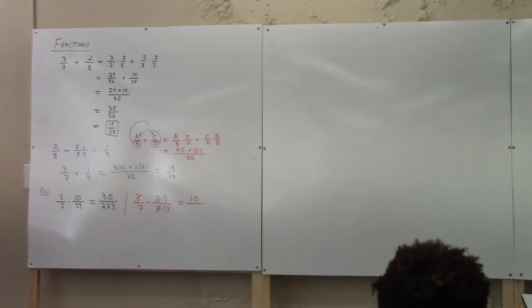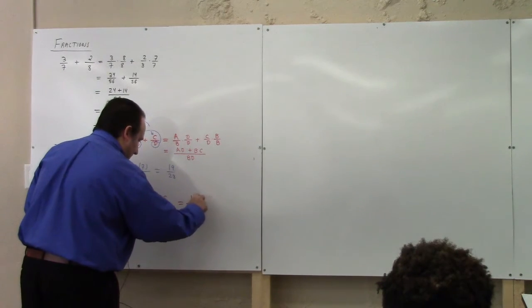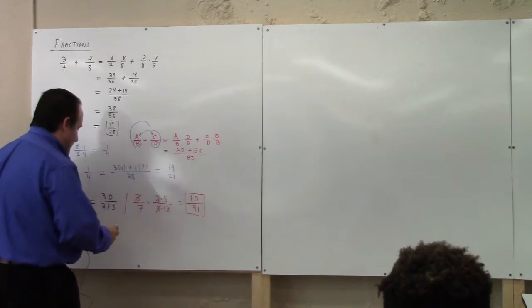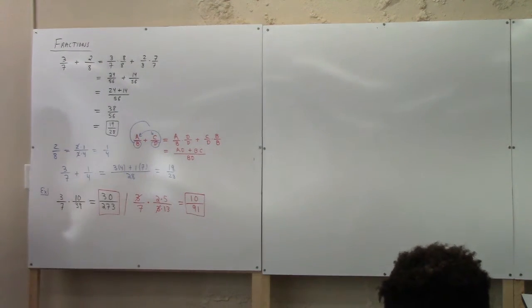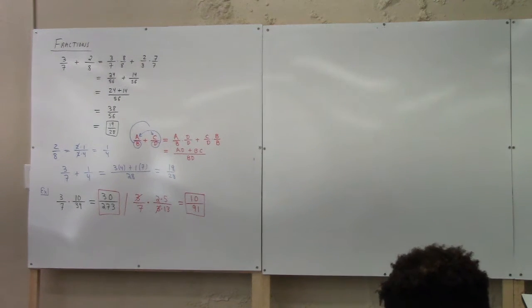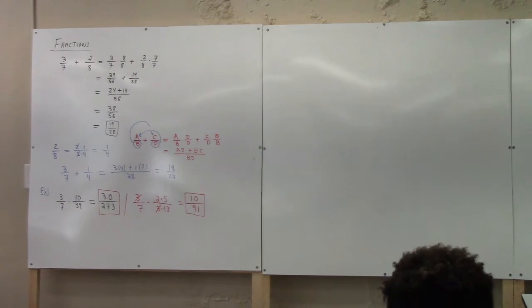It's 91, yeah. So indeed, this right here is an equivalent fraction to 30 over 273. If you reduce 30 over 273 to lowest terms, you get 10 over 91.